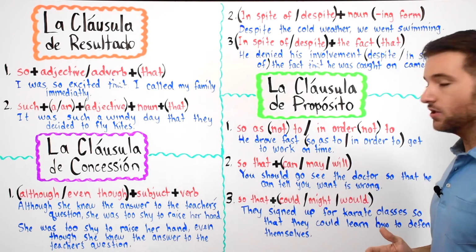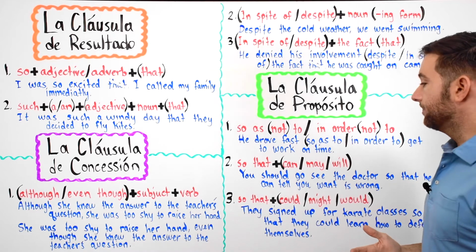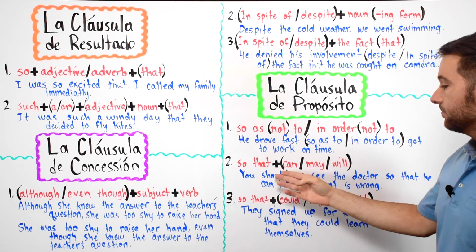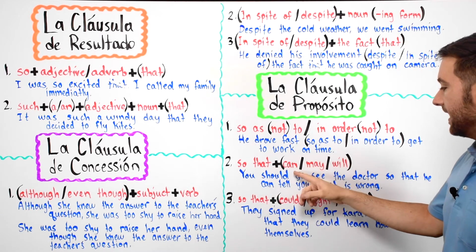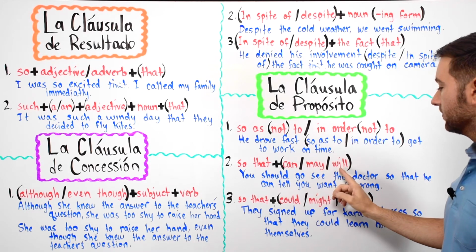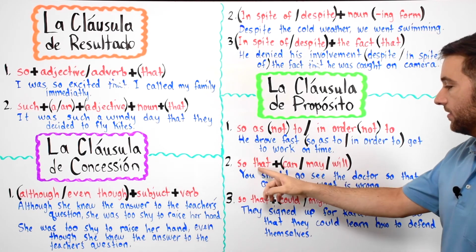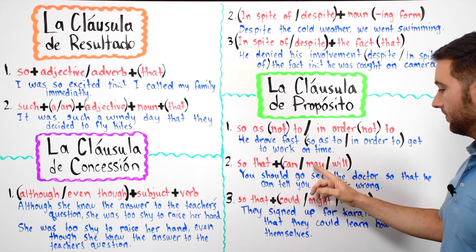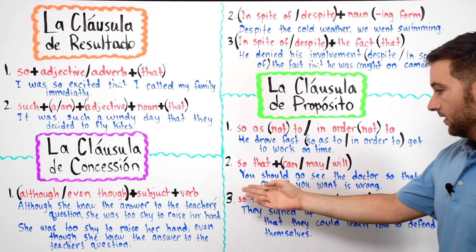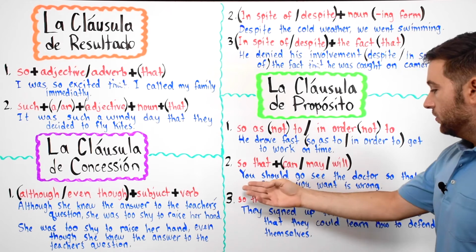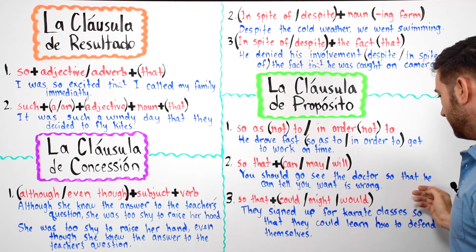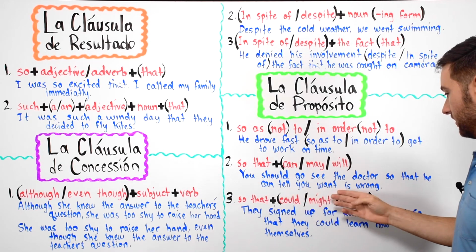Okay, so, veamos la siguiente forma. We have so that más las palabras can, may, and will. Okay, again, so that plus can, may, and will. For example, you should go see the doctor so that he can tell you what is wrong.